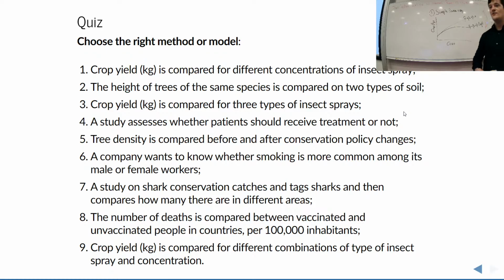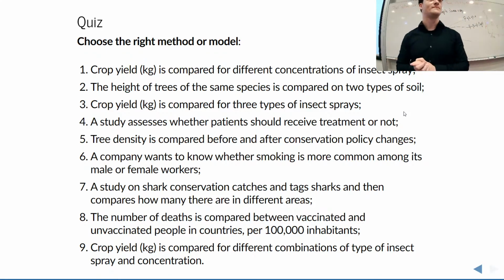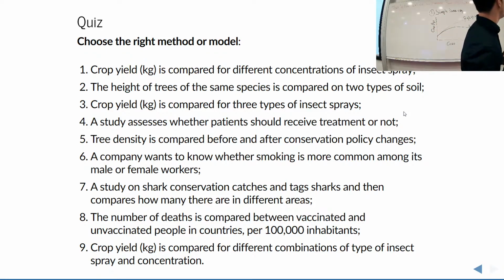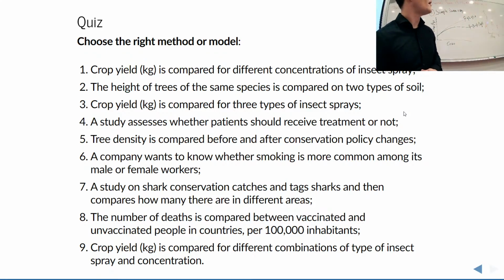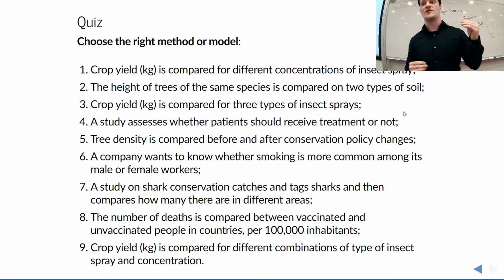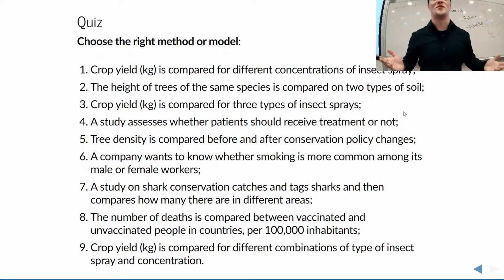Okay, anyone has an idea for any of the other ones? Would 2 be a t-test? Number 2, the height of trees of the same species is compared on 2 types of soil. So she says, could it be a t-test? I agree. If you compare the height of trees, and we assume that all of the heights are somewhere above 0 meters.